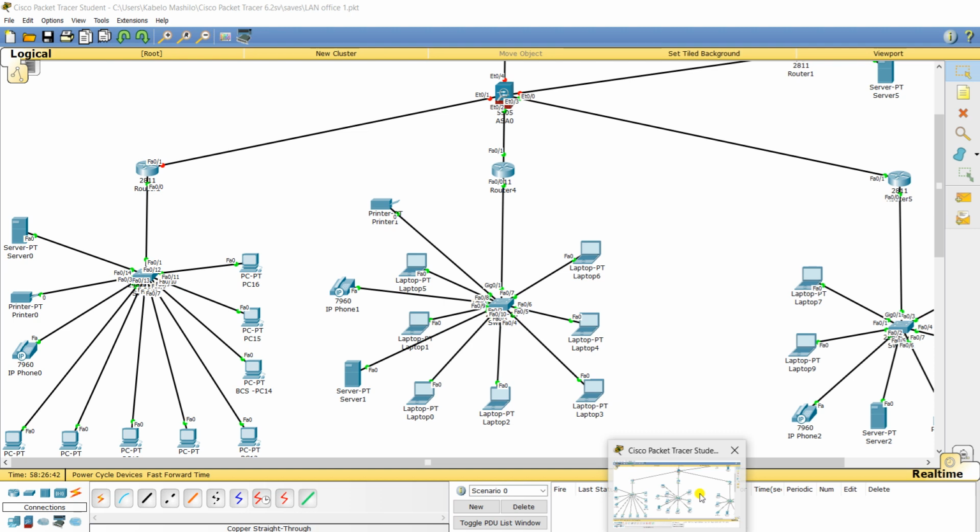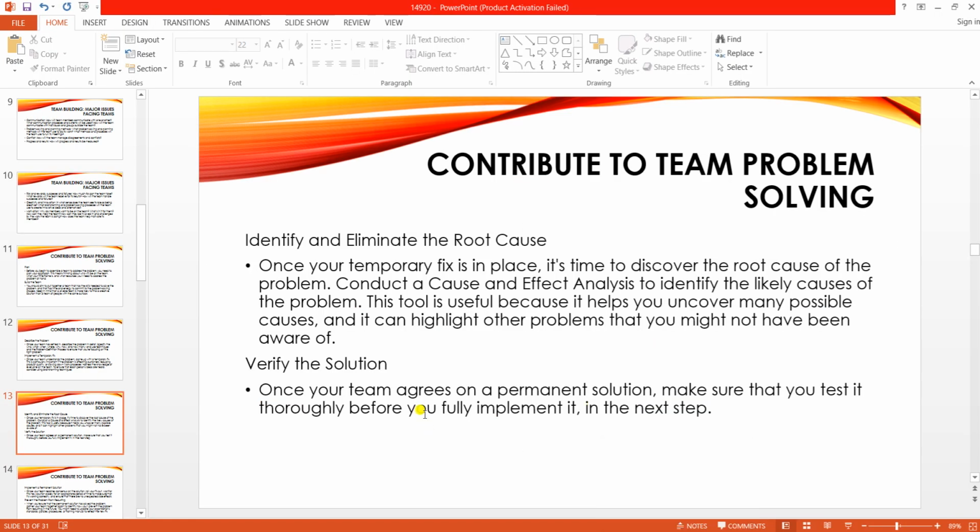Hence you find that there is no network connectivity from LAN 1 to the network. So that is how we find the root cause and conduct the cause and effect analysis to identify the likely causes of the problem.